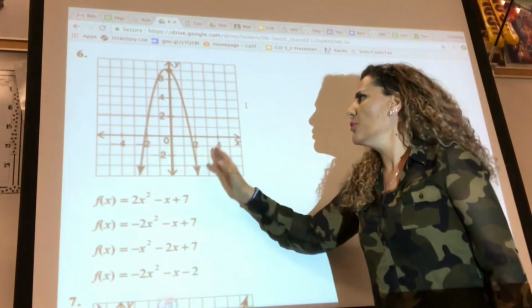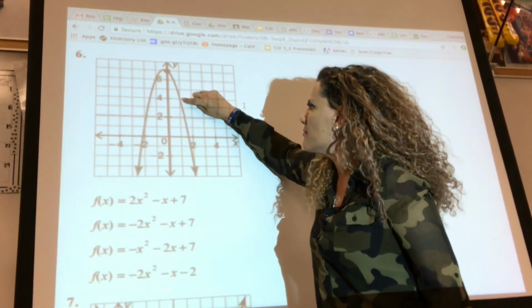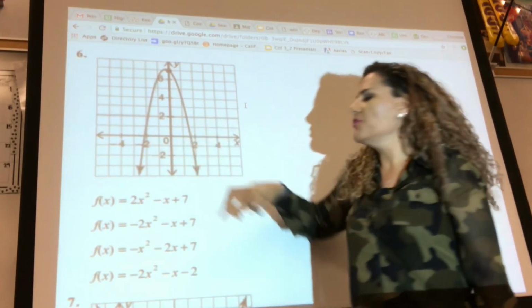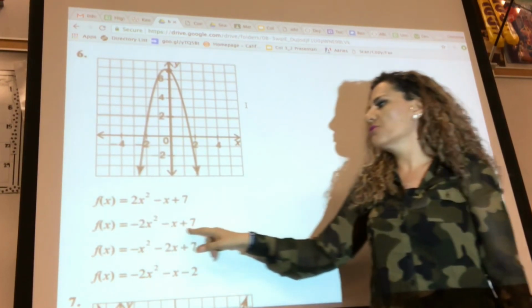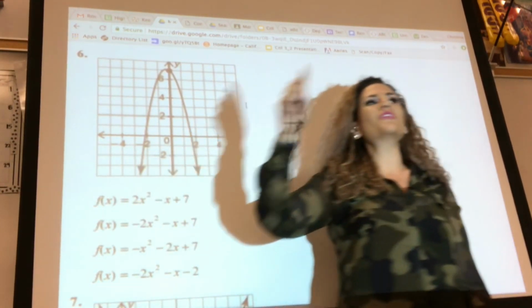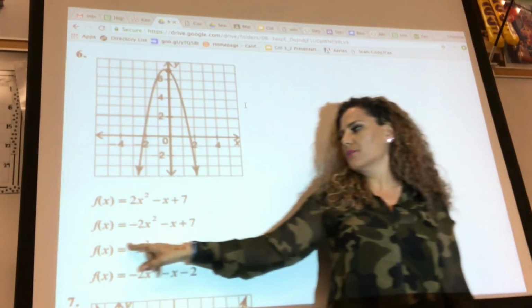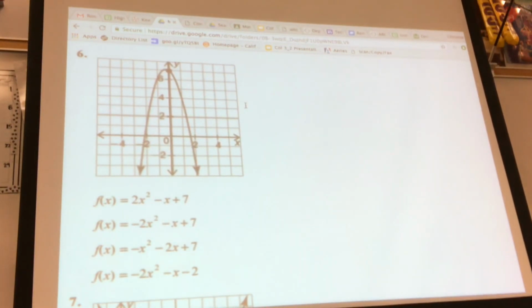Can you find me a point here that's literally on a corner? Because I see one right there. What point is that? 1, 4. If you're in seat A or B, please plug in 1, 4 to the second equation right here. If you're in seat C or D, plug in 1, 4 right here. And tell me which one of those, when you plug in 1, you get 4.